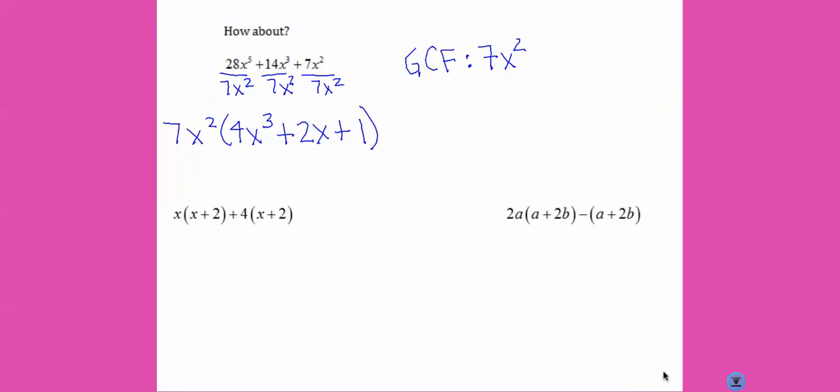For our last two examples, it doesn't always have to be a monomial that they have in common. It could be a binomial, meaning two things within one. This first term is an x times x plus 2, and then we have a 4 times x plus 2. They both have this x plus 2. That's their GCF.